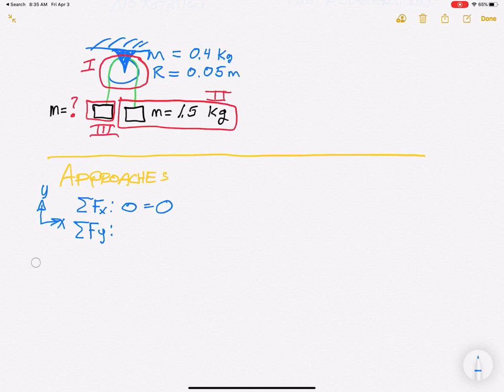The sum of the forces in the y direction is going to be given by 4 different forces.